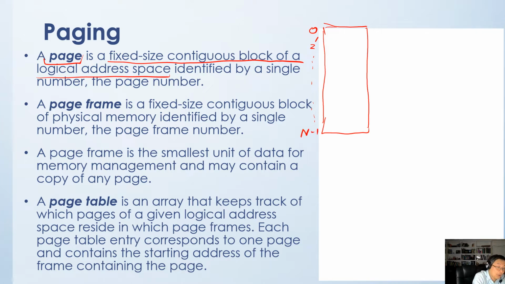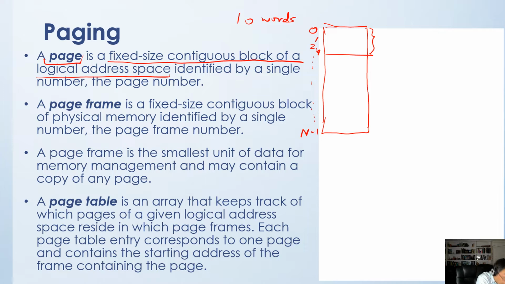That's a logical address space. A page is a fixed-size contiguous block of a logical address space. The block size varies depending on the user. You can define a block of, say, 10 words. That means you take 10 logical addresses from 0, 1, all the way to 9, and we can define this as a page.